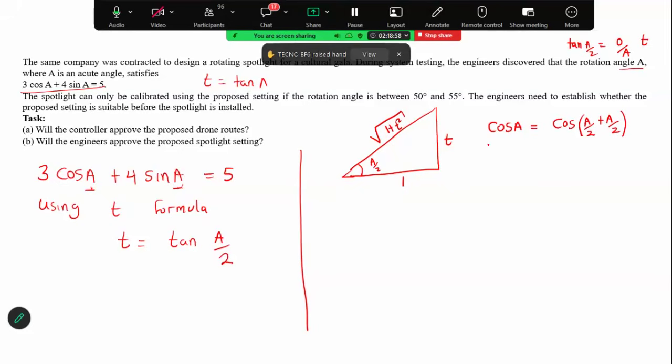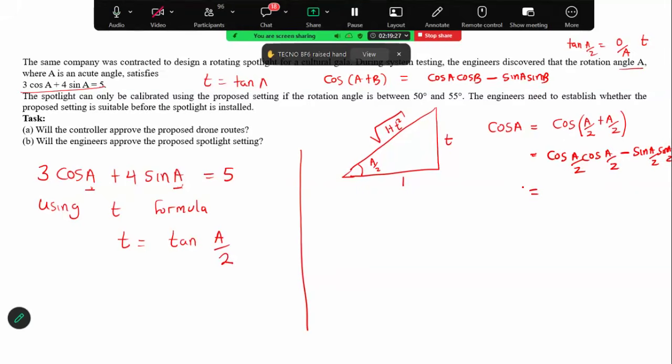Now, you remember from your trigonometry that if you are expanding cos of A plus B, you say this is cos of A, cos of B, minus sine of A, sine of B. That is the knowledge now. So we shall say this is cos of A out of 2, cos of A out of 2, minus sine of A out of 2, sine of A out of 2.